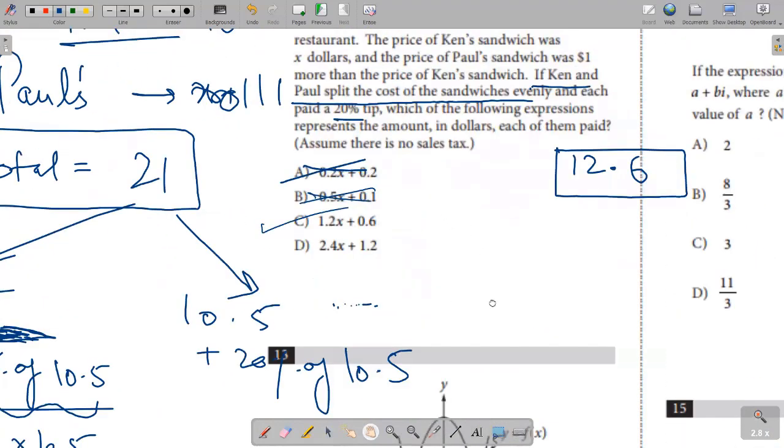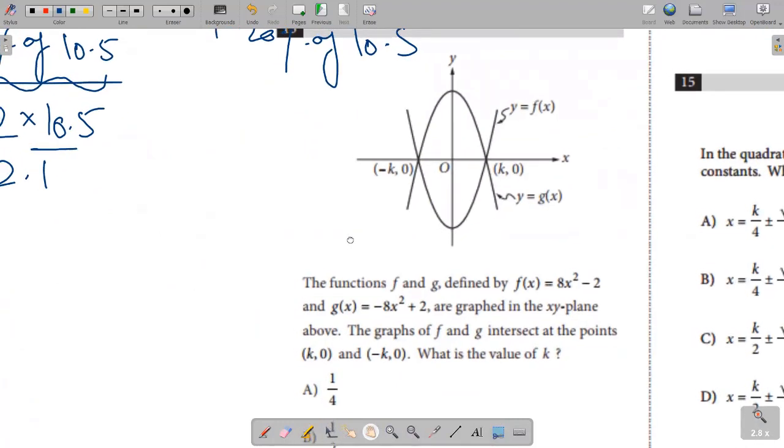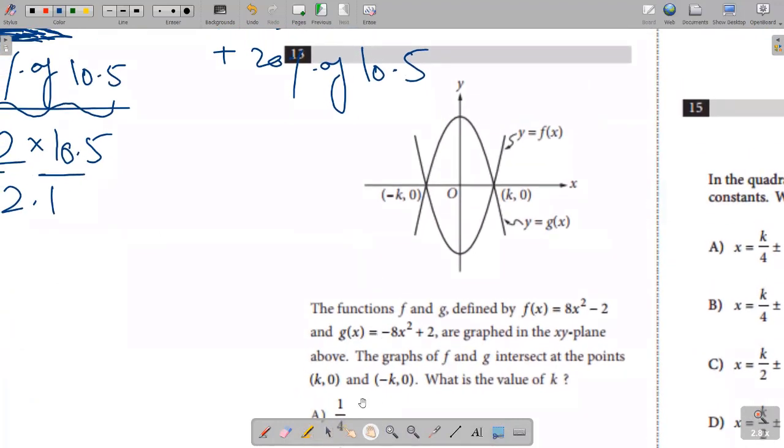Yes. All right. So question number 13. This is a lot, but okay.